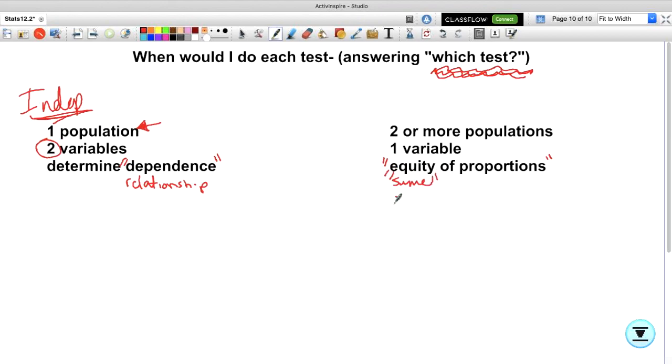Is there a difference? Now be careful, because we see difference in a lot of tests, right? So make sure you notice that it's a two-way table, that it's looking at several populations, 2 or more, and that you're only measuring one variable. Okay, and that's going to be your key for that, is that you're looking for same or difference there. And this again is going to be our test for homogeneity of proportions.